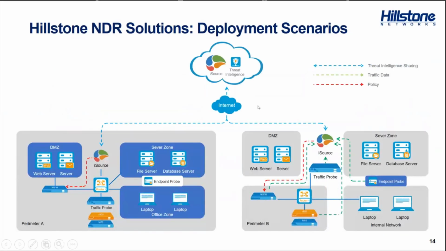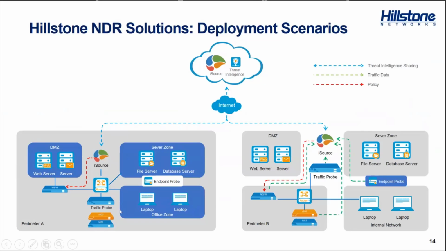And this is the distributed product form factor. Here we have a traffic probe on each network sector. So here we can see a sensor itself can be deployed at a very low level, near the protection areas.